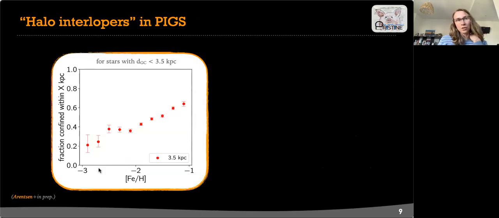Here I'm showing, as a function of metallicity, the fraction of stars that stays confined within the inner galaxy, within 3.5 kiloparsec. And we can see that it's actually decreasing with decreasing metallicity. So for stars at metallicity -1, more than 60% stay within the inner galaxy. But if you get to the extremely metal poor stars, it's only 20% of the stars.